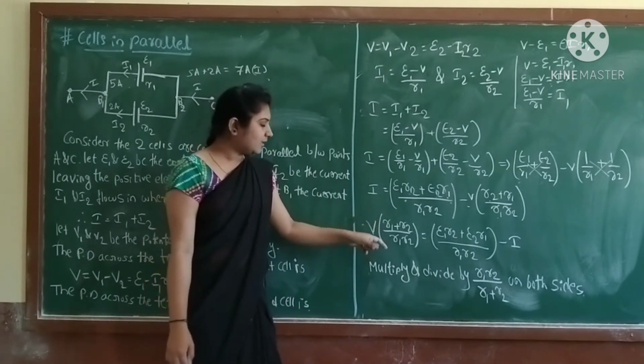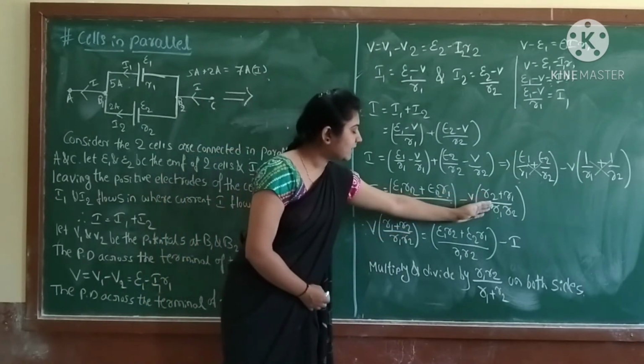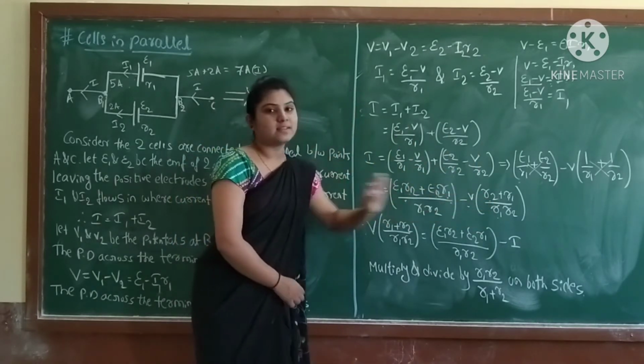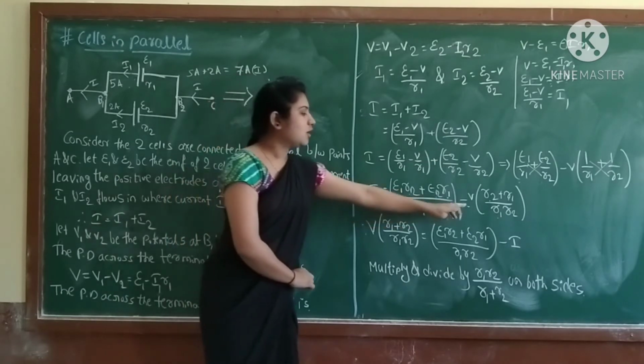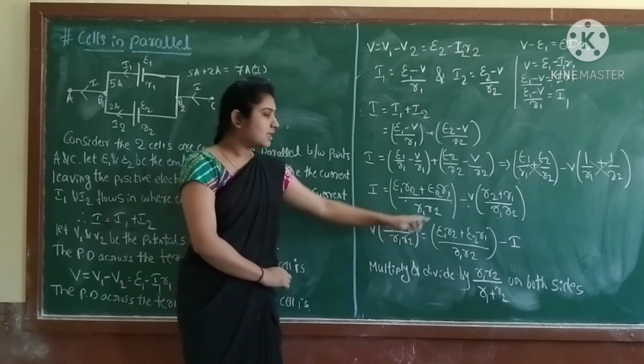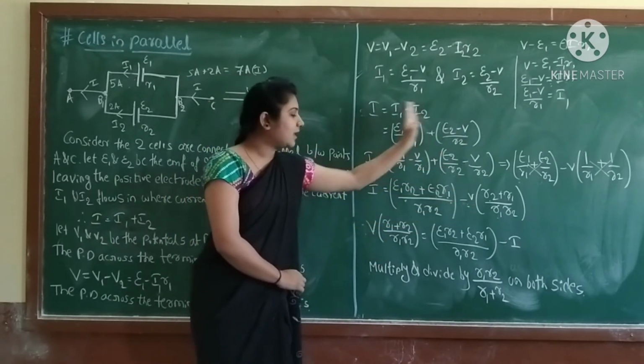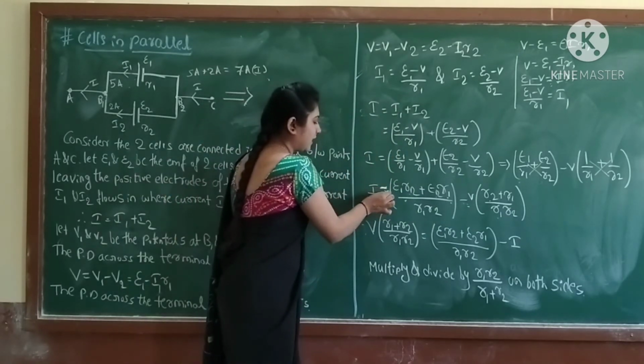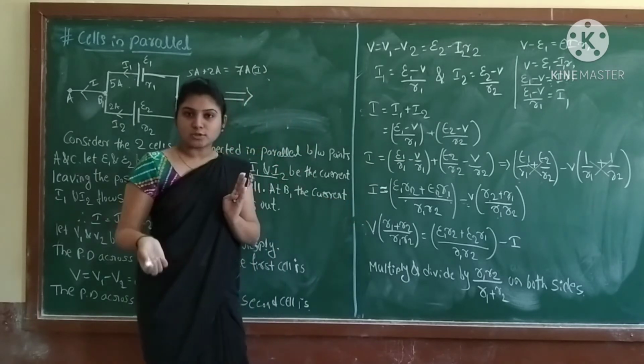Correct? Then what do you do? You take this minus V to this side and the current you send to that side. So V, yes, it is negative here. If that comes to this side, it will become positive.